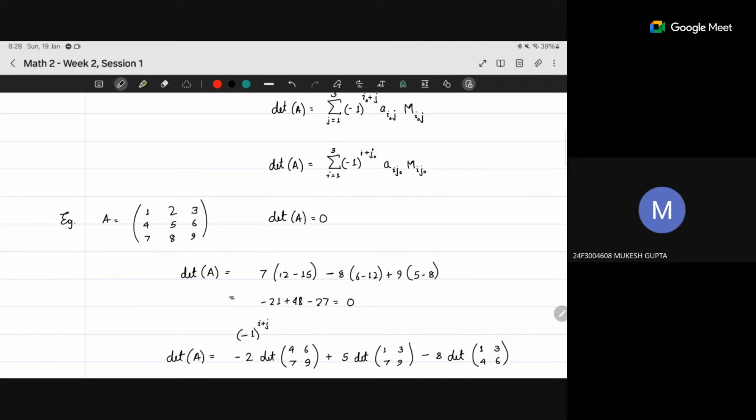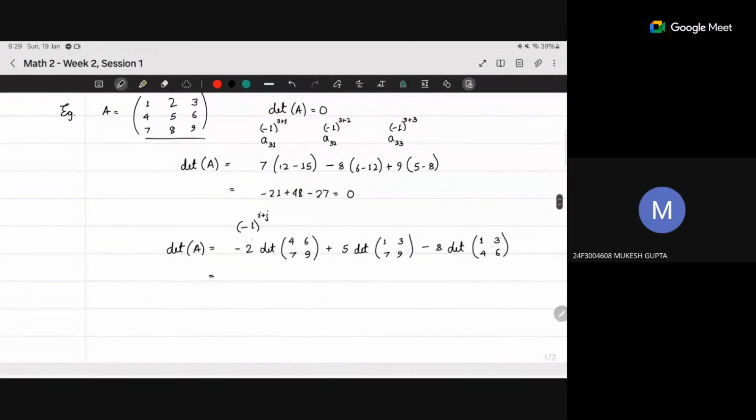Take for example, if I expand along the third row, this was A31, accompanied with the sign -1 to the power 3 plus 1, which is plus. Then you have A32, accompanied with -1 to the 3 plus 2, which is a minus. And A33, which is -1 to the power 6, a plus. So in this case, it was plus minus plus.